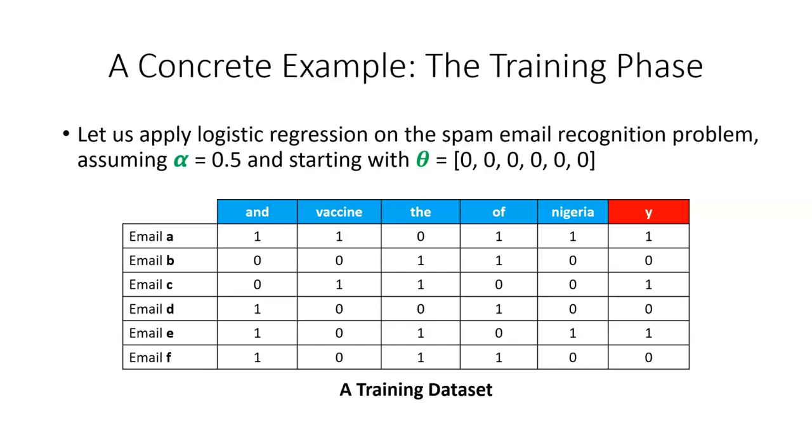For example, email A talks about vaccine, and it talks about Nigeria. If you put these values in the prediction function, it gives y, the dependent variable, as 1. In email B, if the values are 2 and 1, it gives you 0.